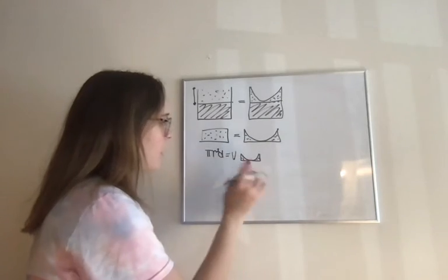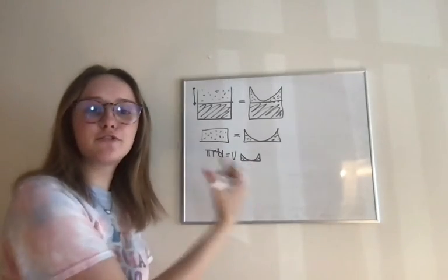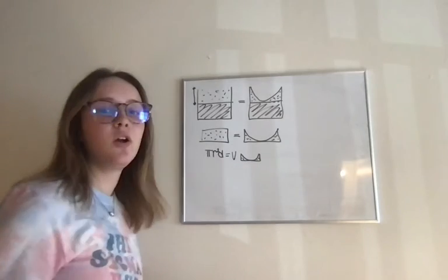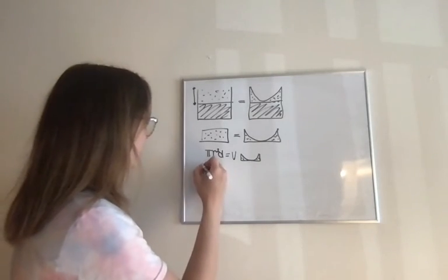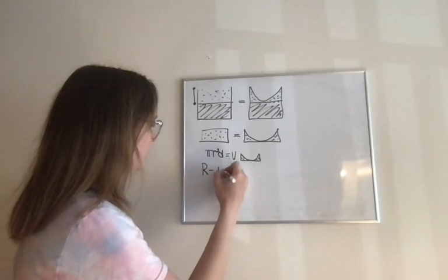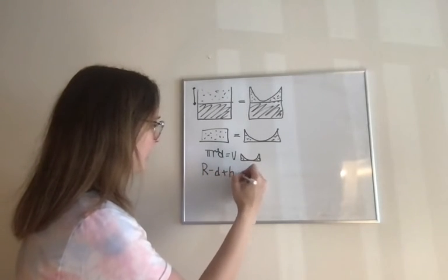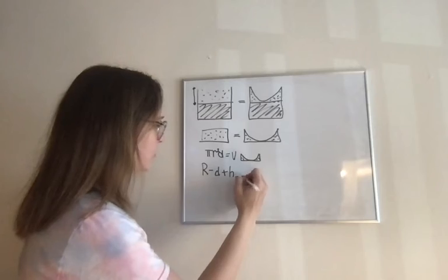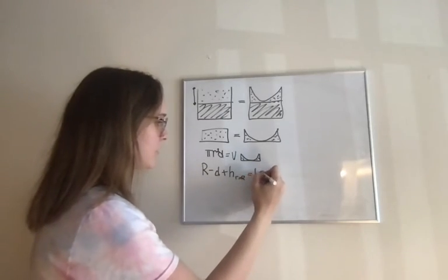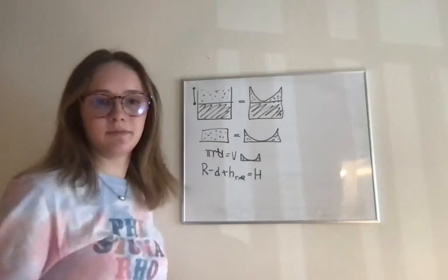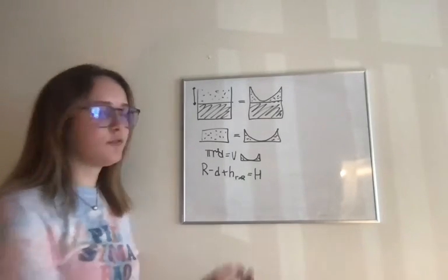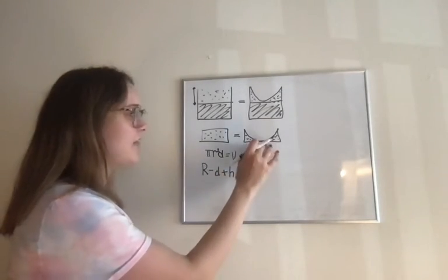of this shape. And to find the volume of this shape, we are going to want to write out an equation. It's going to be R minus D plus H, where big R equals the total height of the container. And so now we want to solve for the volume of this.